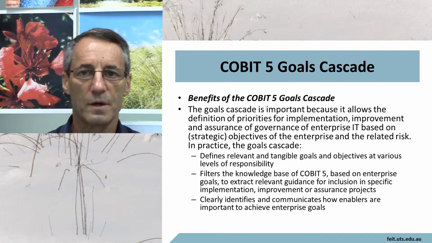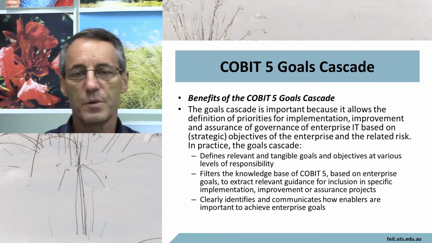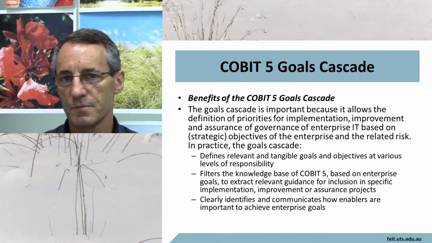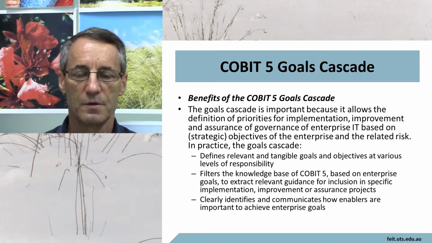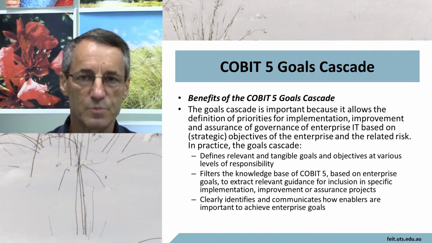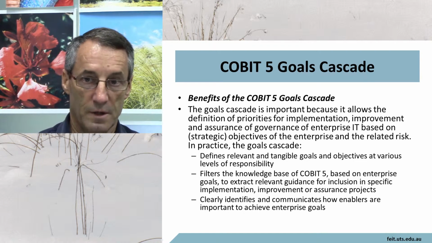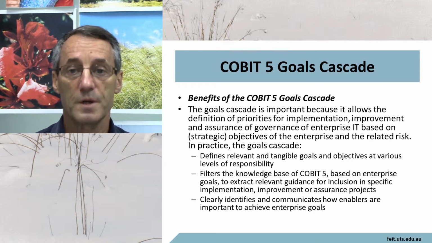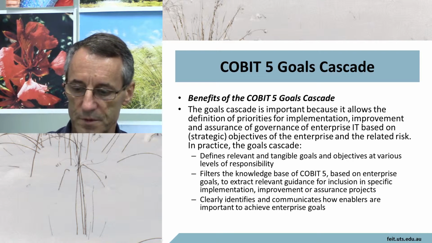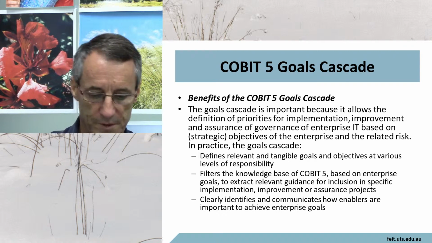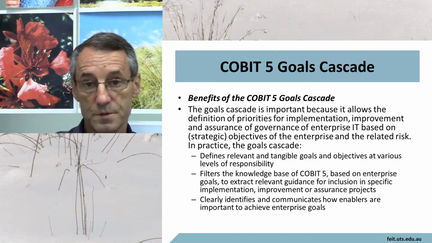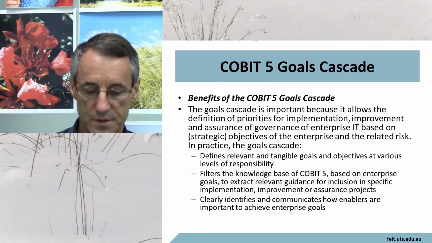And if you can decompose them in some sensible fashion, some fashion where you can actually trace from the highest level down to the effect, you'll probably get an advantage. You'll probably get it more right. In COBIT, this is called the Goals Cascade, and it does that quite deliberately. The Goals Cascade is important because it allows the definition of priorities for implementation, improvement and assurance of governance of enterprise IT based on strategic objectives of the enterprise and the related risk.